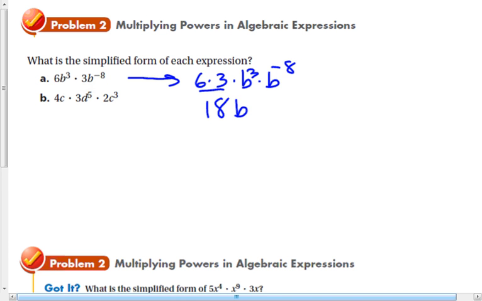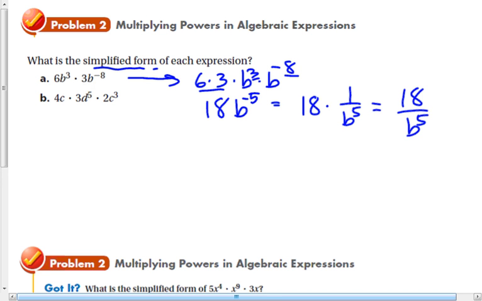And then I'm going to use my exponents and add my 3 plus -8, which is -5. But remember, to be simplified, we can't have any negative exponents. So remember that that equals 1 over b to the 5th, so I get 18 over b to the 5th for my final simplified answer.